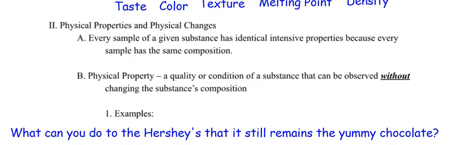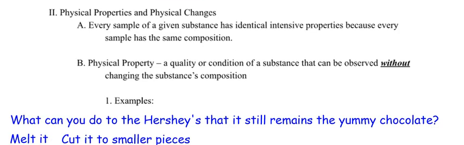What can I do to that giant Hershey bar that is going to retain that same taste, that same color, that same texture? Well, you can cut it into smaller pieces. It's still going to taste the same. You can melt it. It's still going to taste the same, but maybe now you want to put it over some ice cream because you've melted it. Those are going to be physical properties.